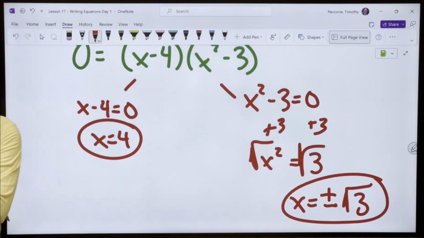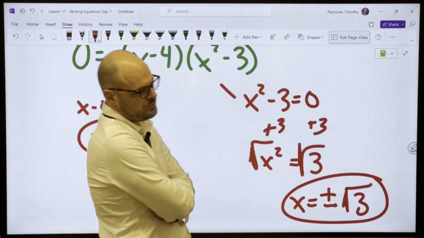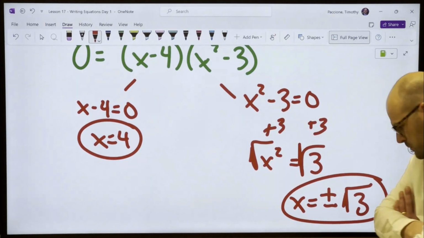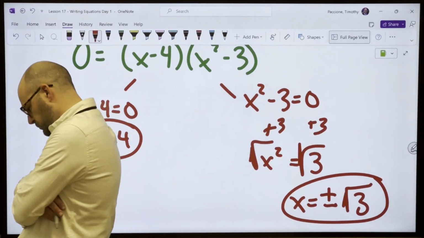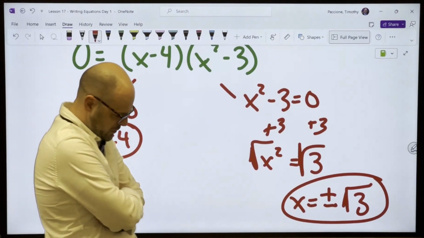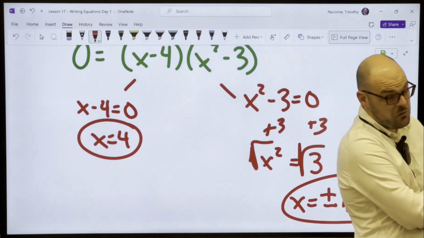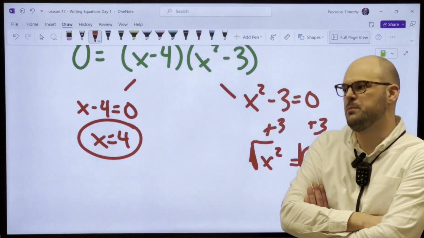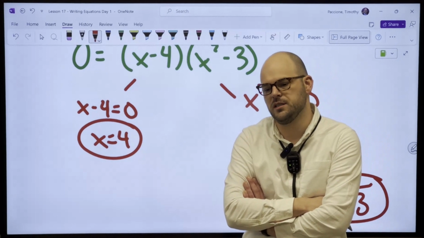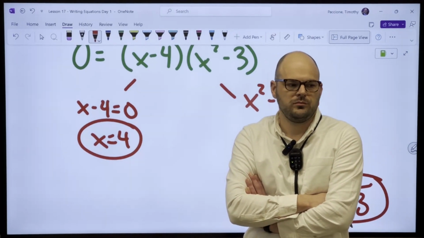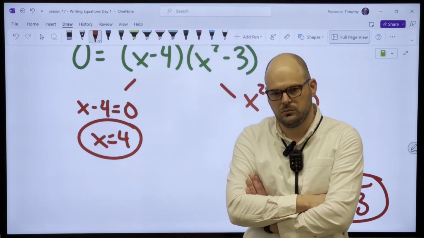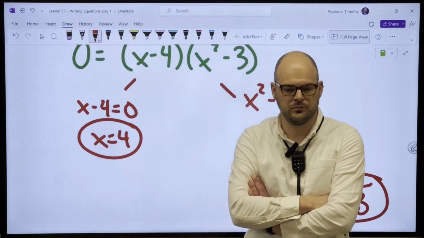Let's remind ourselves why we do that. Because the x minus 4 is only one root, and it has to have 3 roots. It's a good way to confirm we did the right thing, but let's think deeper. Why every time we square root do we end up with a plus or minus? Because there are 2 possibilities: a negative number times a negative number still gives a positive answer.